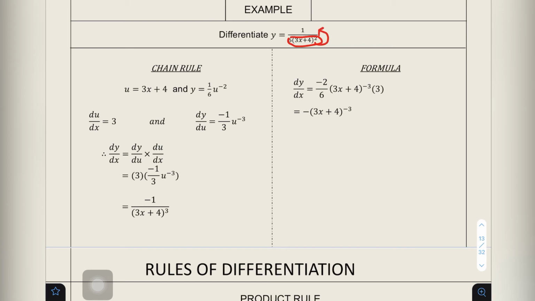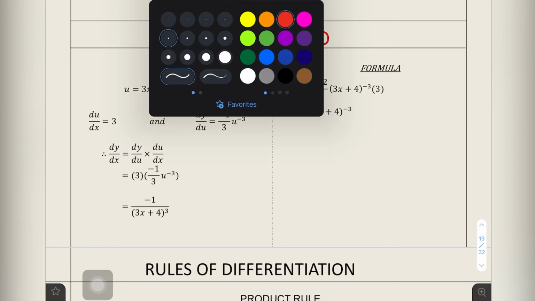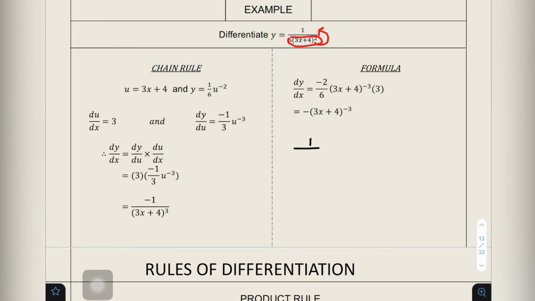Whenever you bring the variable to the top of the equation, or to the numerator, the sign of the power will change. If the original power is positive, then it will become negative. If the original power is negative, when you change the position, it will become positive. So now you have 1 over 6 times (3x plus 4) to the power of 2.